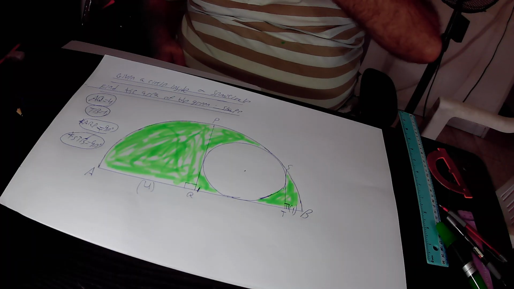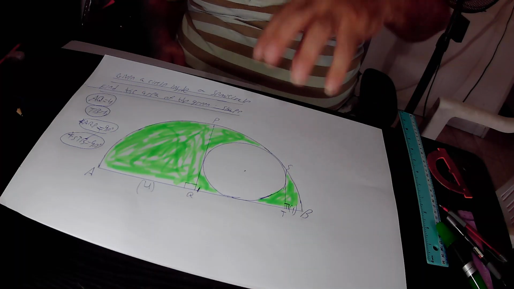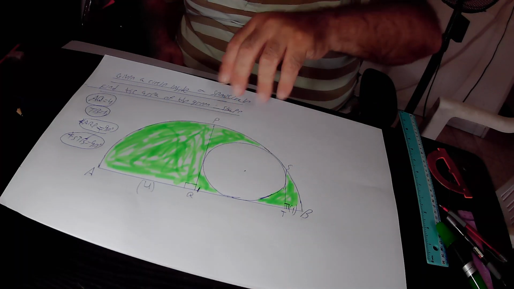So first of all, we define the radius of the big semicircle as x and the radius of this small circle as y.